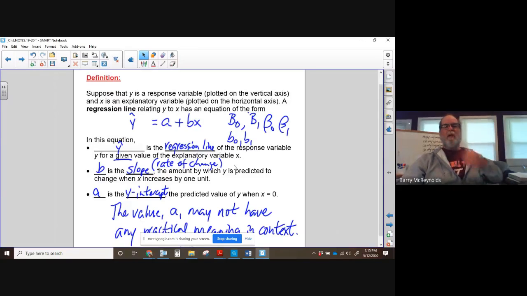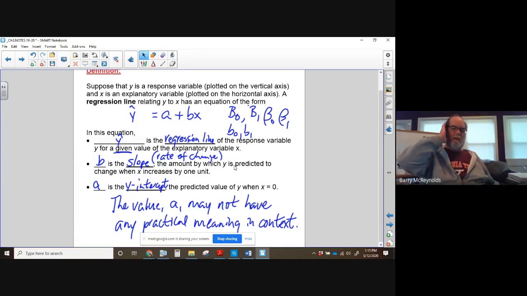Now, one of the things that I need to point out, and we'll see this in our example with the used Hondas in a little bit, is that A is in fact the y-intercept of the regression line. It is where the regression line crosses the y-axis when x is 0.